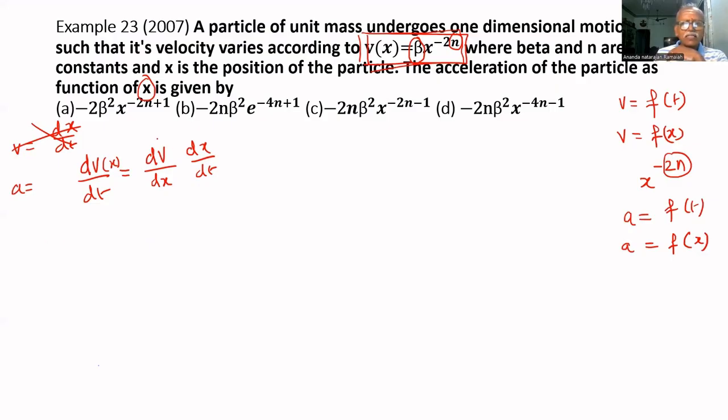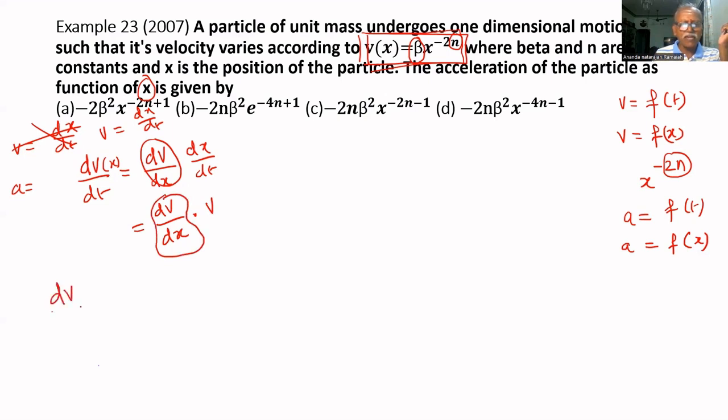That's why this we can easily find. What is dx by dt? v equal to dx by dt. So this can be written as dv by dx multiplied by v, because v is dx by dt. Now we have to find this and substitute here.